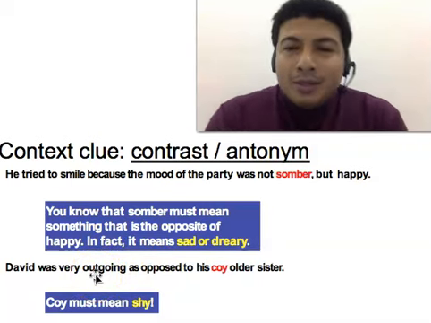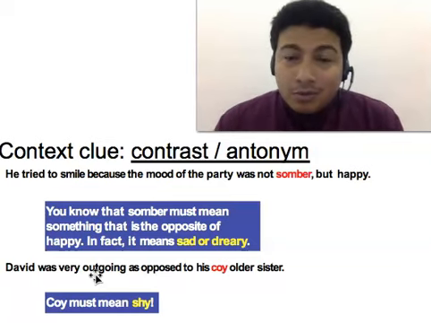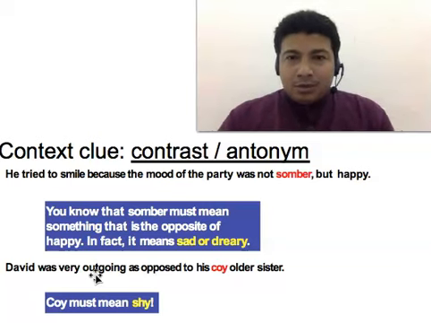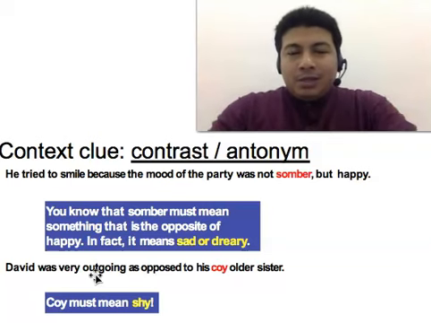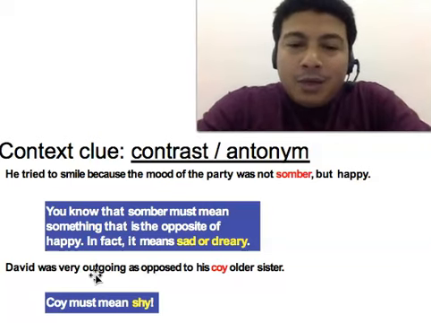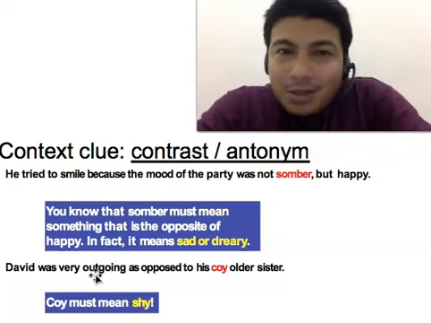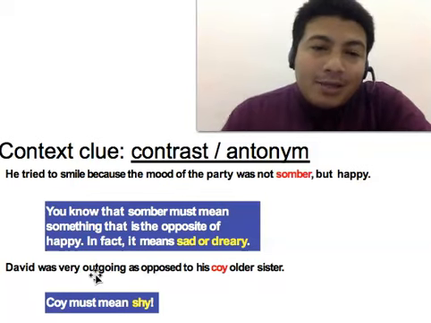So coy means someone who is not outgoing, someone who could be passive, introverted, or someone who is shy. So that is how you guess the meaning of a word based on antonyms given in the same sentence or in other sentences in the same paragraph of the text.